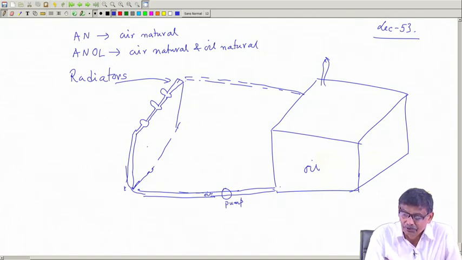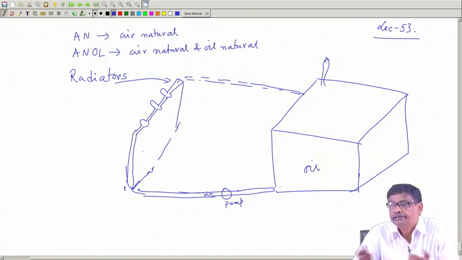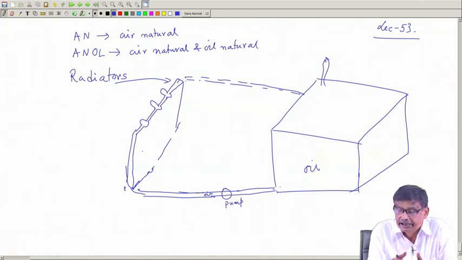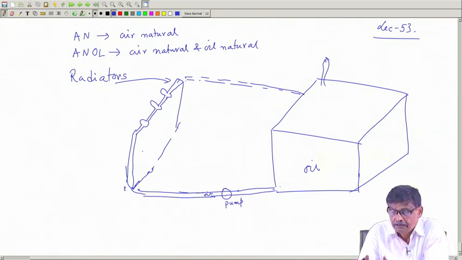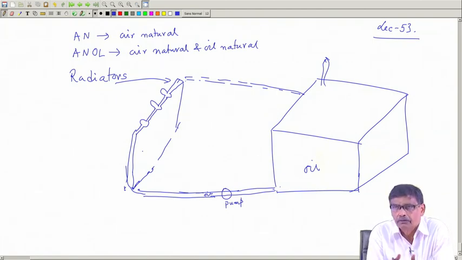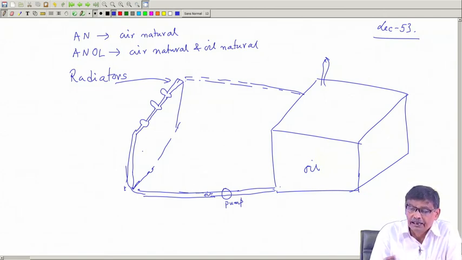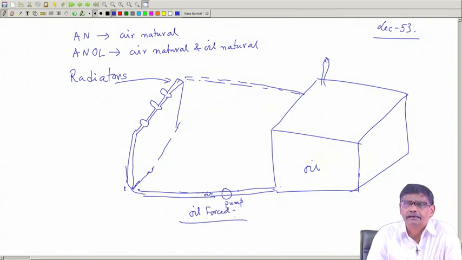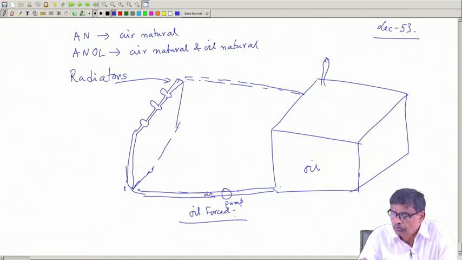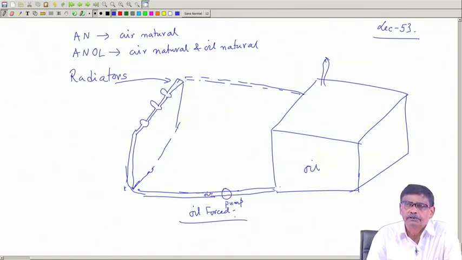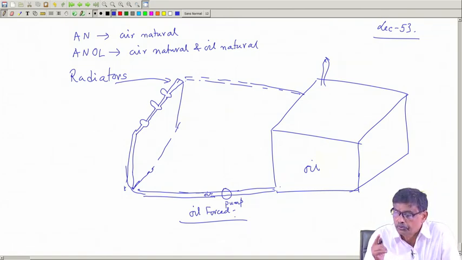So, artificially you increase the surface area, and these radiators may be at a far off place, quite at some distance the radiator plates are there. Then it is called oil forced cooling, oil forced. So, idea is very clear. If you want to use very large transformers, you must do extra to cool the transformer.